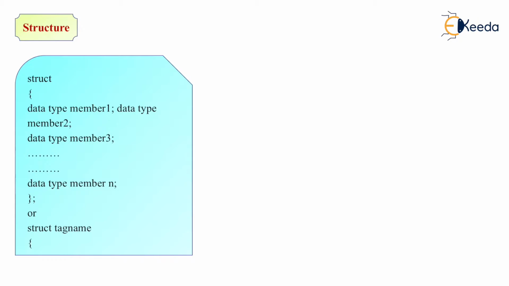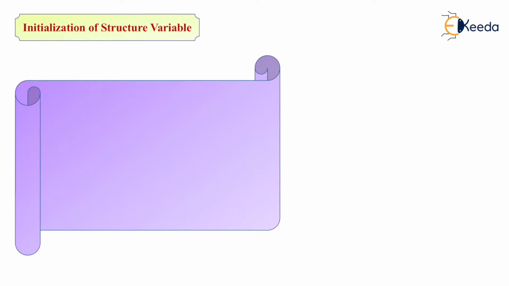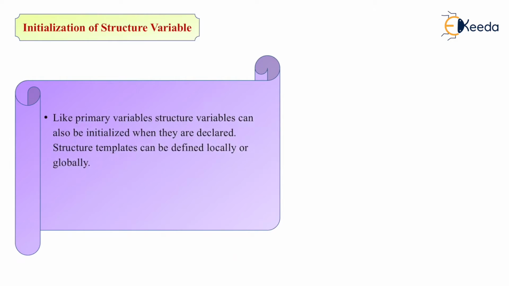This is also one of the ways we can declare the structure: struct, the different data types of members, and with a semicolon we end it. Or struct with whatever tag name, inside the curly bracket specify the members.